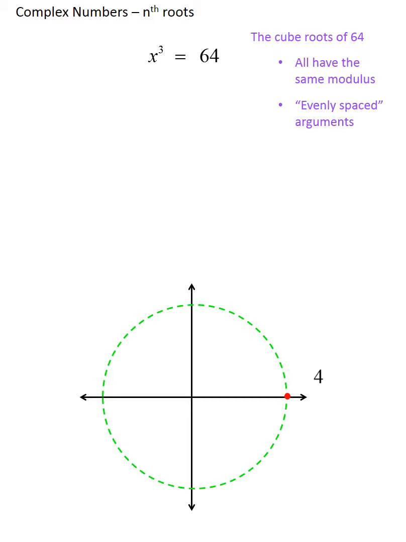And furthermore, knowing that they're evenly spaced out, tells us exactly where the other two solutions are. And so what we could do is express these in polar form and essentially have our three answers to this equation right here.